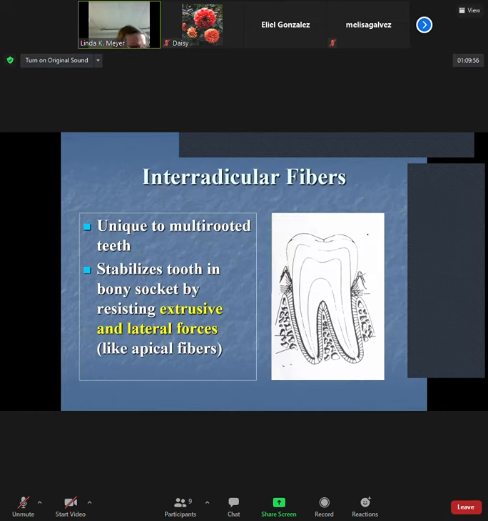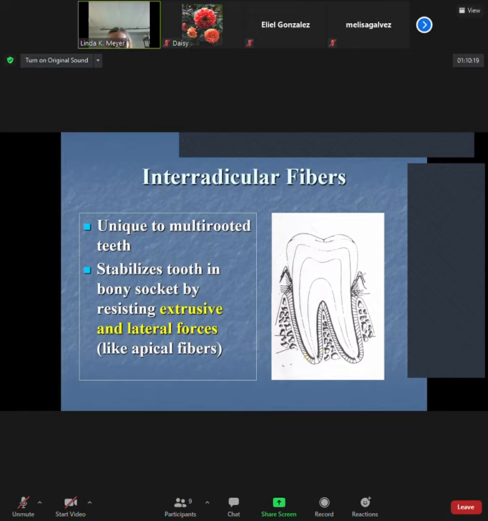Okay, let's wrap up with these interradicular fibers. I just want to show that they function like the apical fibers. Originally I had drawn them in the same color just to show that.